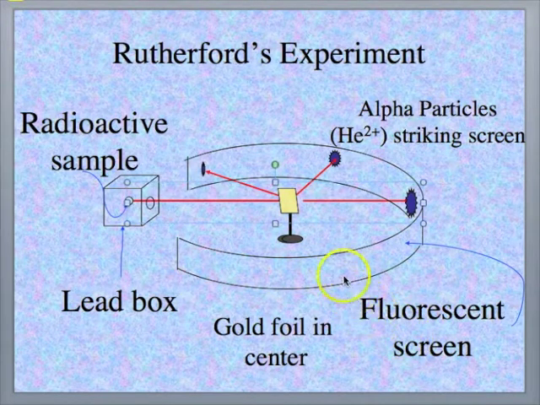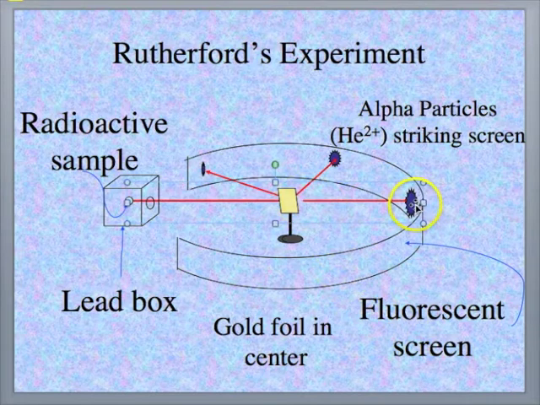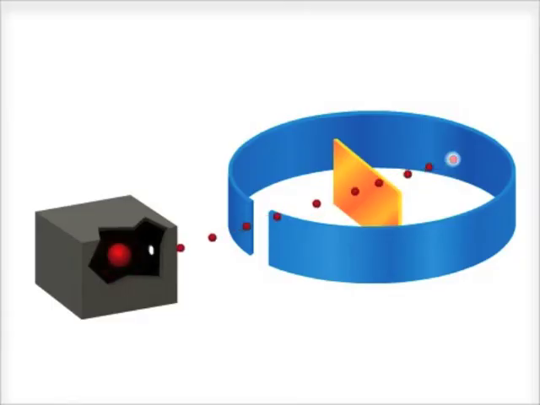And when alpha particles hit the fluorescent screen, it caused a little sparkle. What Rutherford expected to see was that the helium-ion bullets would travel straight through the gold foil because there would be no unbalanced forces acting on them, and they would hit the fluorescent screen directly behind the gold foil, causing a sparkle there. But that's not what he saw.